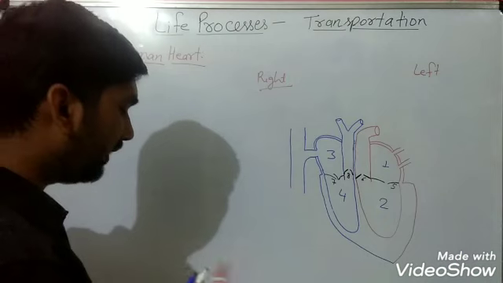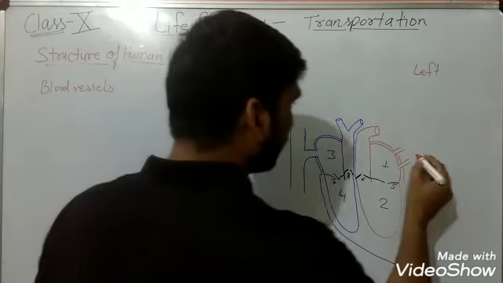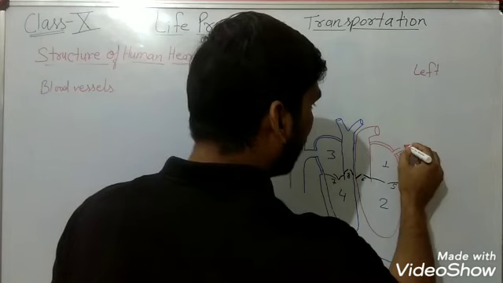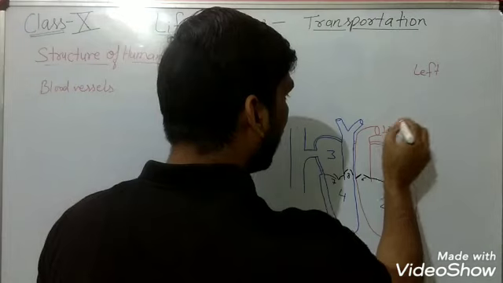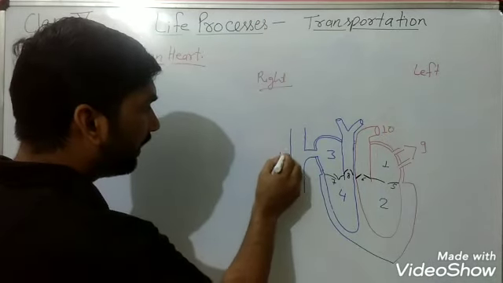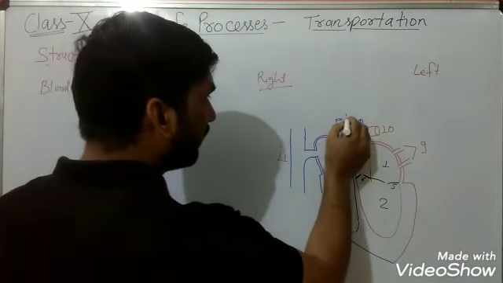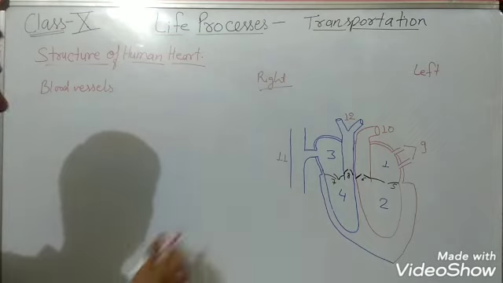Here we will number them after 8: this will be number 9, then 10, this will be 11 and 12. So what are these blood vessels?